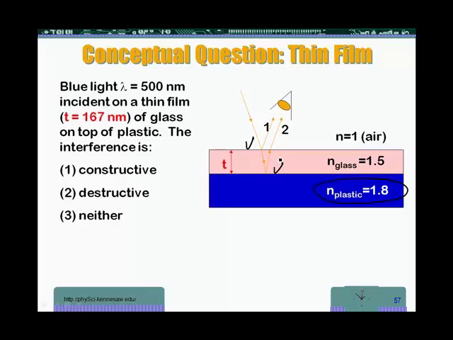So the change in phase evens out. So twice t is equal to m lambda glass is going to give us the condition for constructive interference. And we have it here with m equal 1. So that means we have constructive interference.